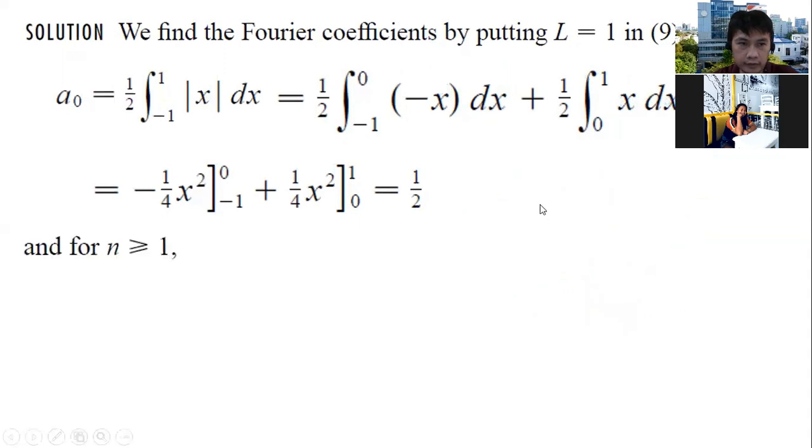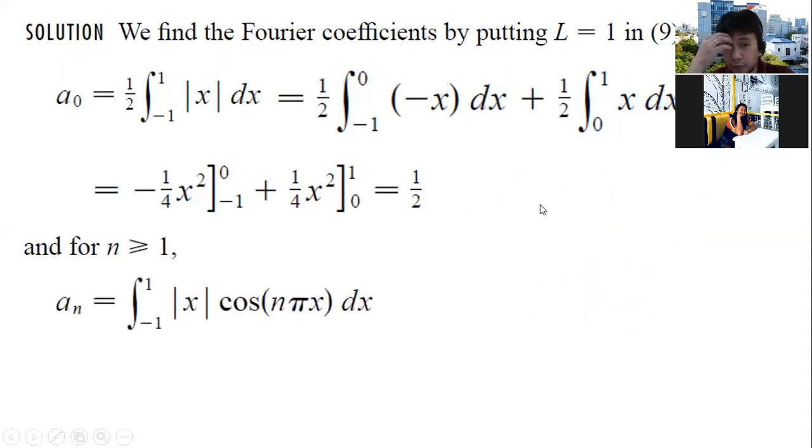So after a sub naught, the next coefficient that we need to evaluate is the a sub n, no? So yung formula natin for a sub n, recall natin.